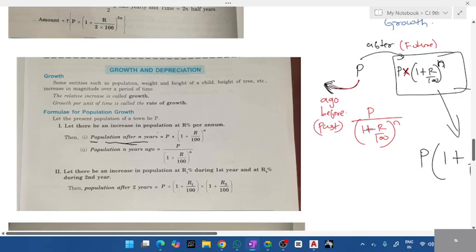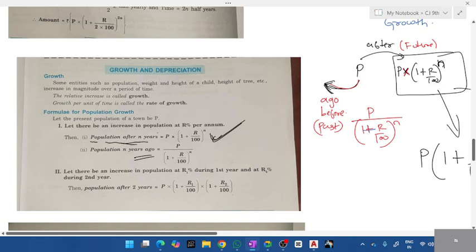Look here, this is what I've explained. After is future, so you multiply. It may seem confusing, but when we solve questions, you'll understand. Then population years ago. Ago is past tense, you have to divide.